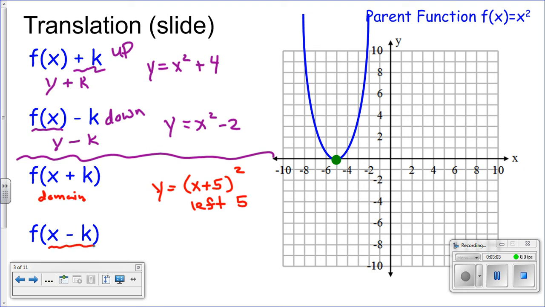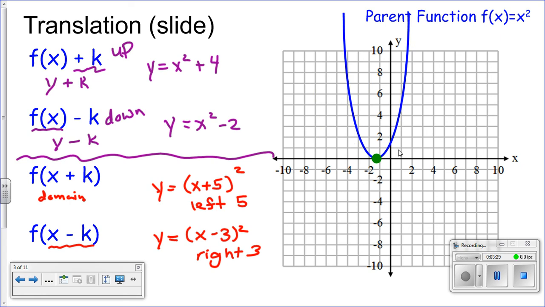And again, let's try it this time, instead of x plus 5, maybe x minus 3, binomial squared. You have to think, okay, what makes x minus 3 0? Hopefully you're thinking positive 3. Positive 3 means go positive 3 on the x-axis. So that means go right 3.